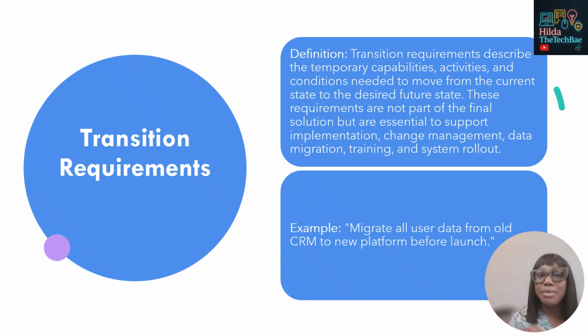Think of things like migrating data, training users on a new system, setting up temporary integration, or providing dual support for legacy and new platforms during the transition. They ensure that the organization is ready for the change that is coming and that the shift is smooth and well coordinated. Without this, even the best solution can struggle to launch effectively.